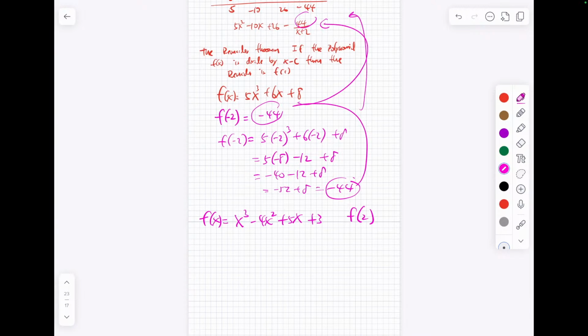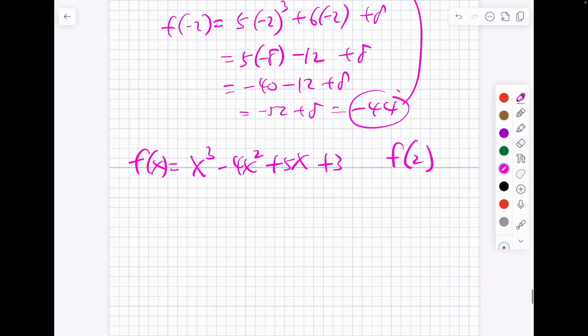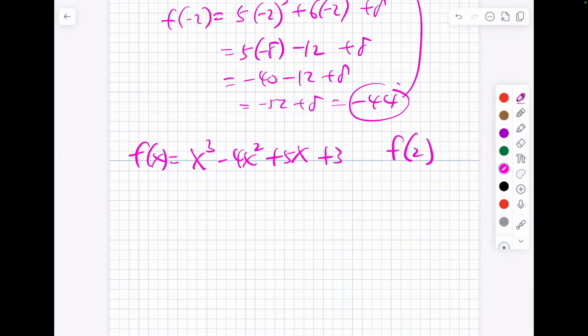So with synthetic division, you don't need to change the sign anymore. Just plug in 2 like this. Just use synthetic division. Use 2. If they wanted f of 2, just plug in 2 here. You don't have to switch the sign anymore.